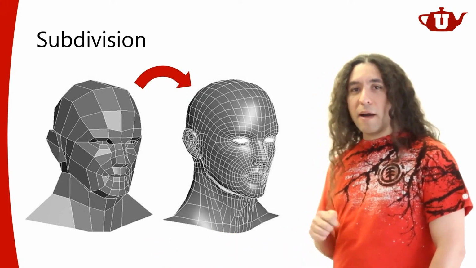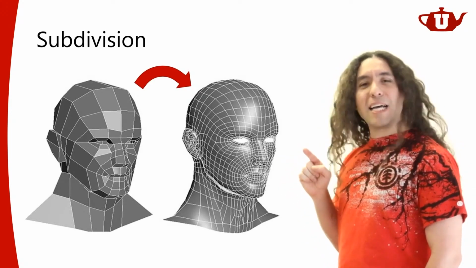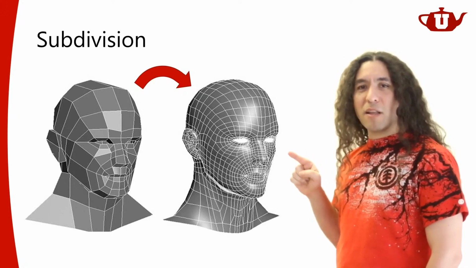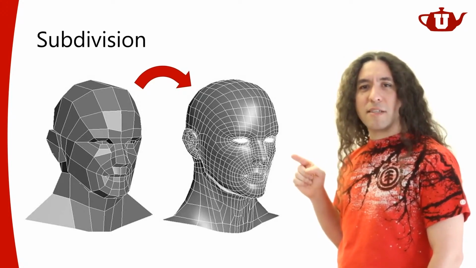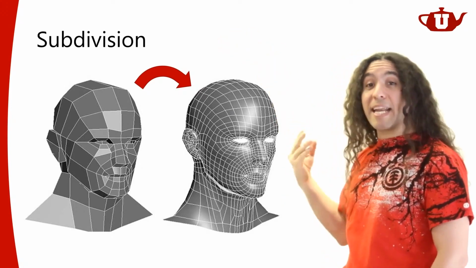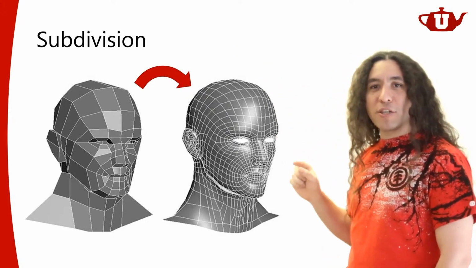Now, I'm showing this as an example of subdivision, but I don't believe in this case this is pure subdivision. This model was probably generated from this low resolution model using subdivision, and then it got modified a little bit. I'm noticing a few topological modifications.